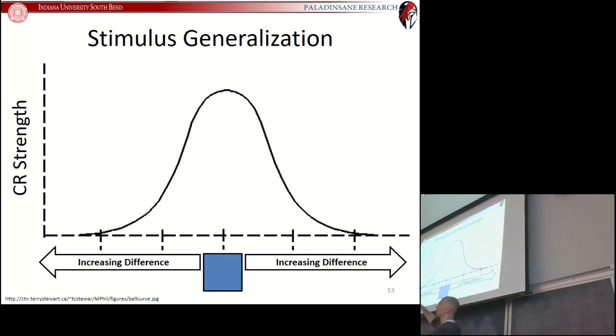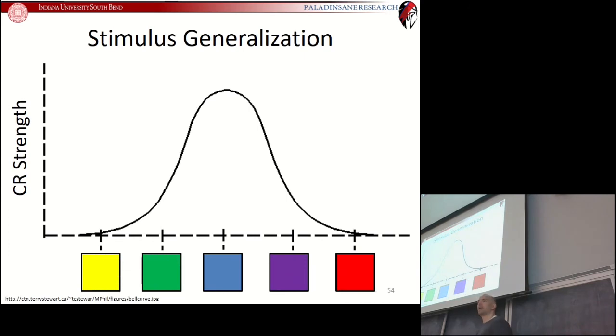For example, let's go back to, well, not the dogs, they're colorblind. Let's say that we had orangutans, right? And we trained these orangutans to salivate when we presented a blue square. So we present a blue square, here's some food. Here's a blue square, here's some food. Here's a blue square, here's some food. And eventually we get it to the point where they are salivating to a blue square. What we can then do is show them different colors.